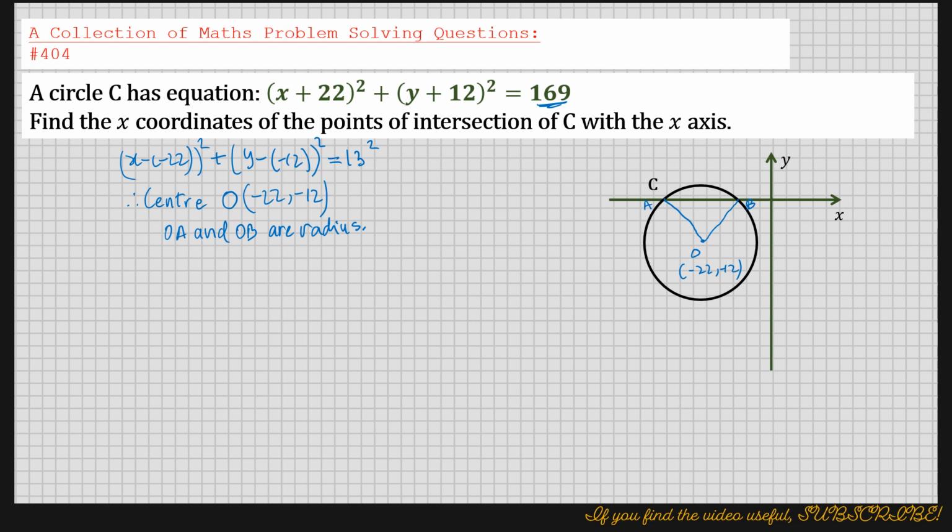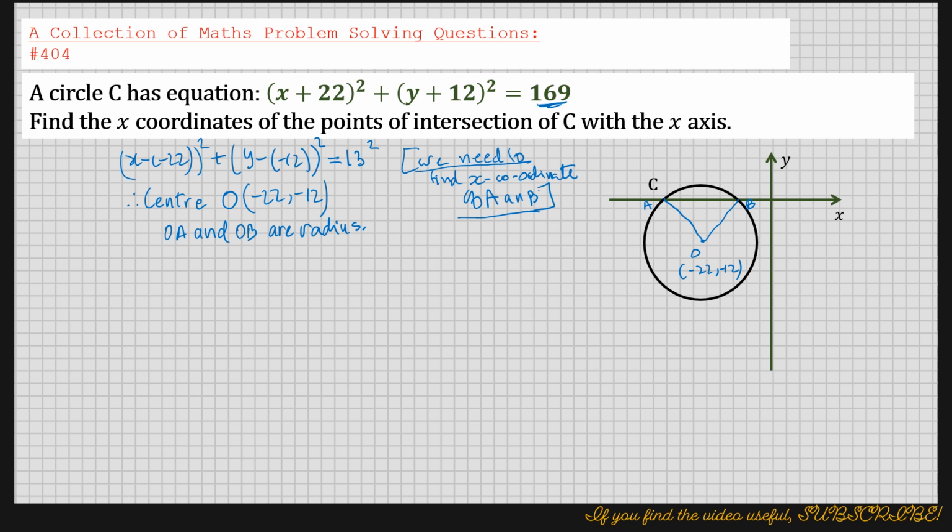And what we have to do is find the x coordinates of A and B. That's the question, that's the answer we have to give.